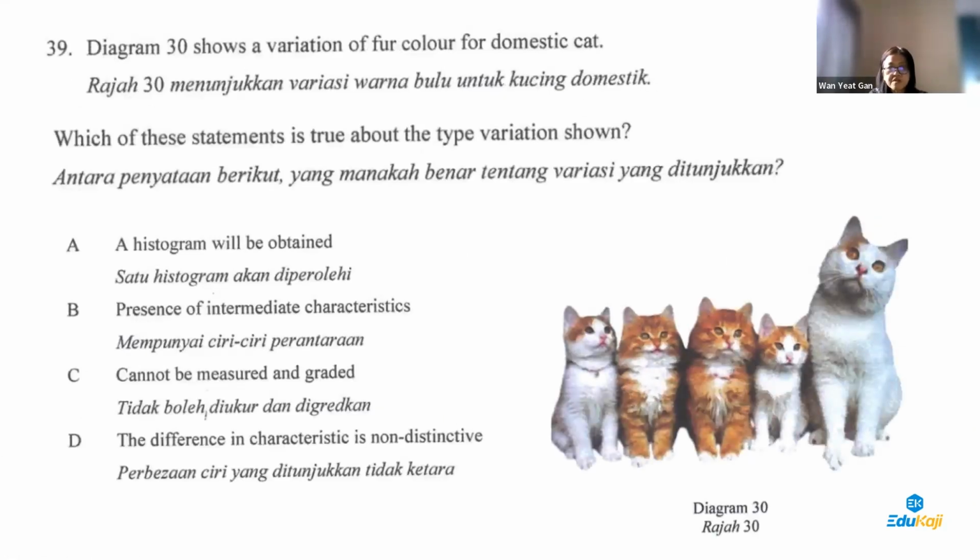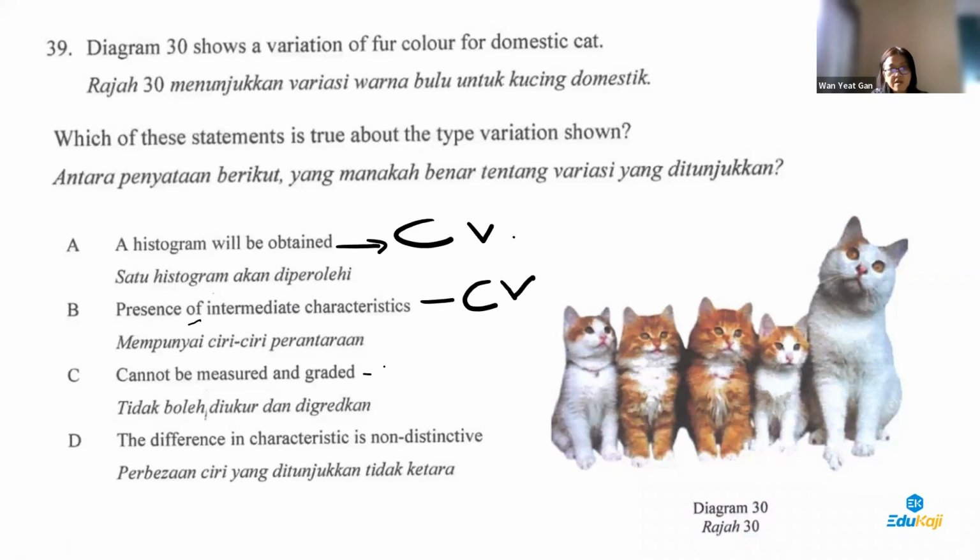Next, question 39. Diagram 30 shows a variation of fur color for domestic cat. Which of these statements is true about the type of variation shown? A: A histogram will be obtained. B: Presence of intermediate characteristic. Okay, so the first one is continuous variation. This is continuous variation also.